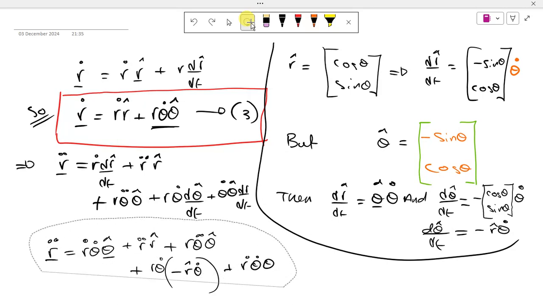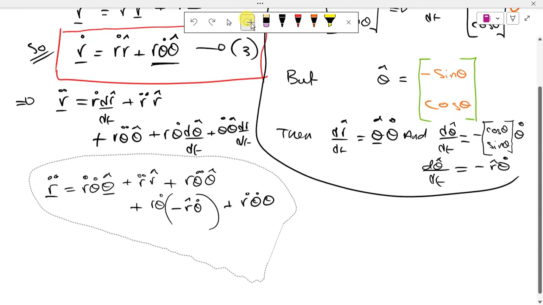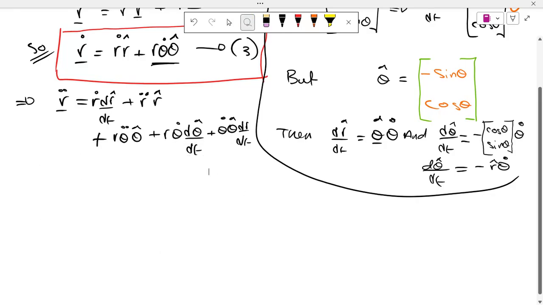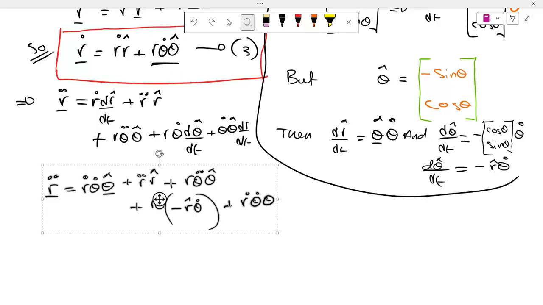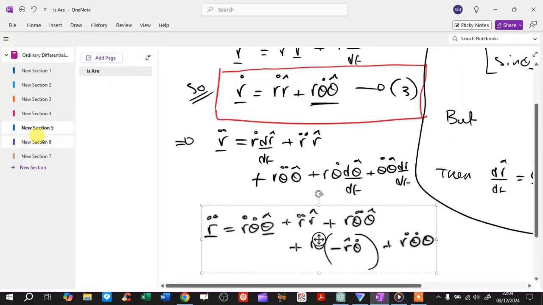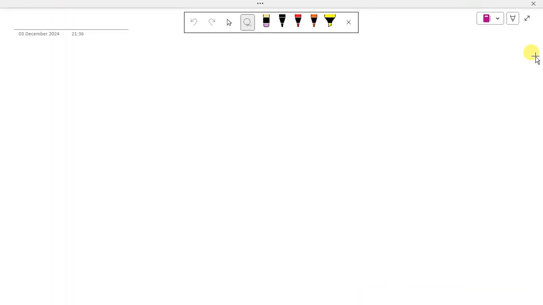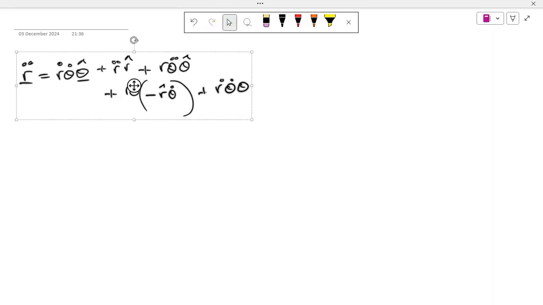Okay, Control X, Control Z. Now we want to go on to a new section. So if I maximize that page, and we'll cut and paste that there. So that's what we've got, right?